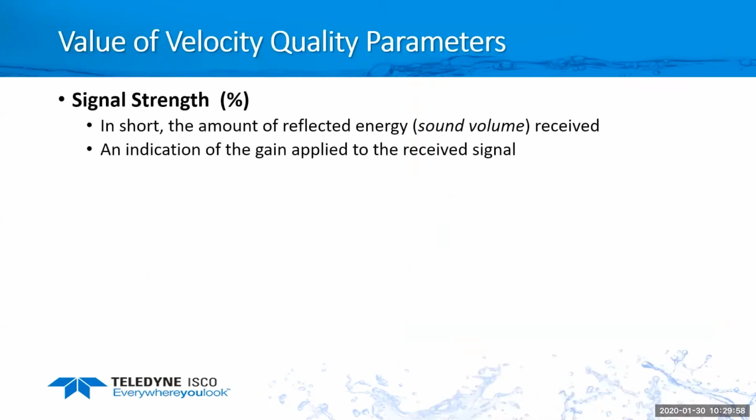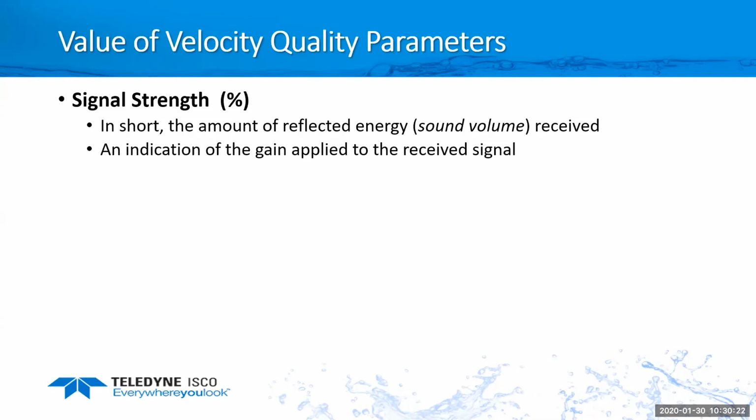Other ways to measure reverse flow or determine the quality of your area velocity sensors, like with the 2150 and the 350 AV sensors, we have diagnostics built in for signal strength, which measures the amount of reflected energy received. It's an indication of the gain applied to the signal.